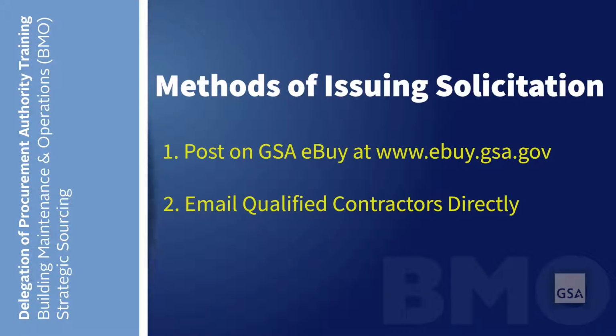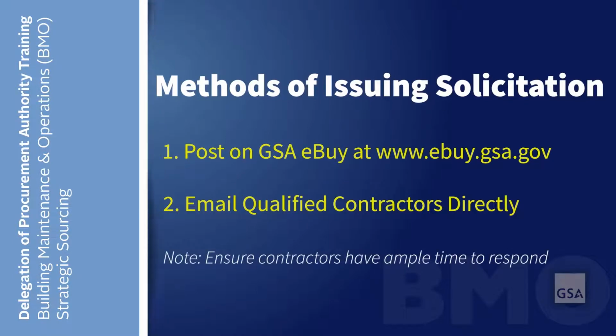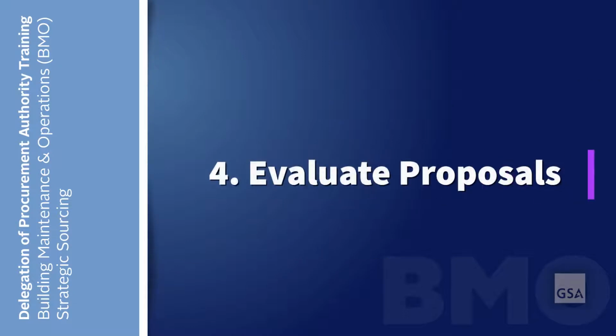To find contractor point of contact information, utilize the contract awards matrix, which we've discussed in previous videos in this training series. A quick note to ensure that contractors have ample time to respond to your requirement. And with that, we've finished the third broad phase of the ordering process, and now we move on to phase 4, which is evaluating the proposals.